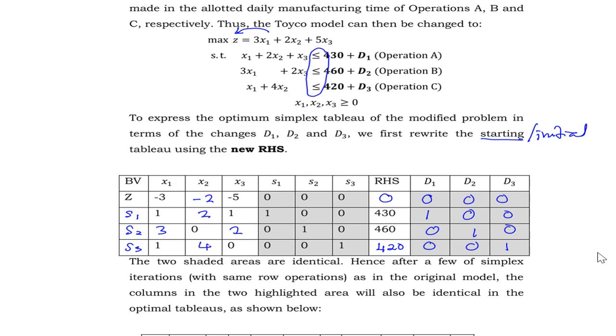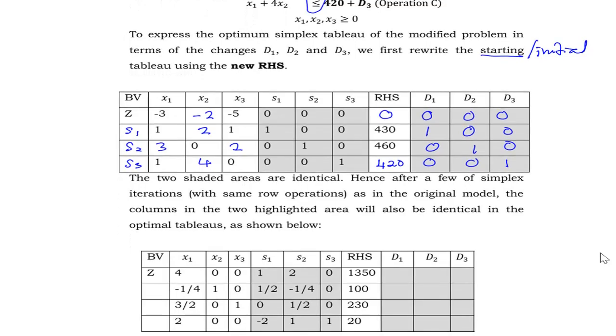Hence, after a few simplex iterations with the same row operations as in the original model, the columns in the two highlighted areas will also be identical in the optimal tableaus as shown below. Because we do the elementary row operations row by row. So the optimal tableau should be as follows.